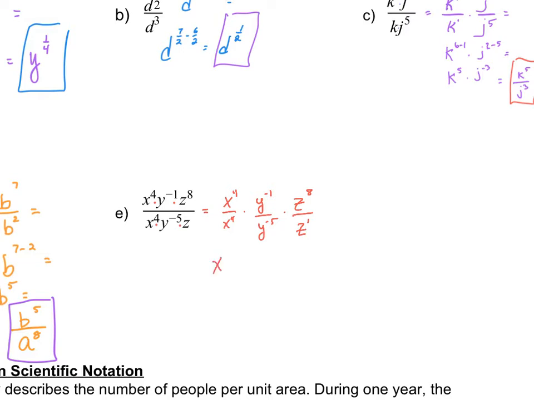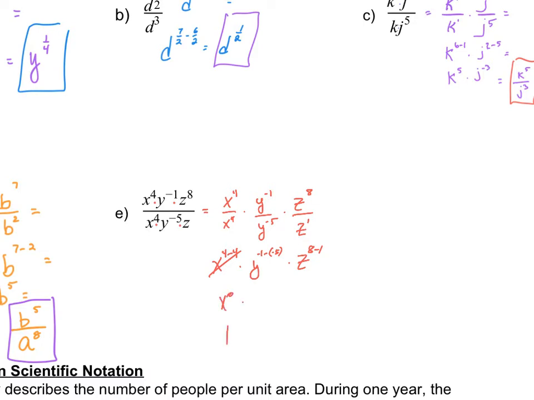So I know that I have x to the 4 minus 4 times y to the negative 1 minus a negative 5 times z to the 8th minus 1. And this becomes x to the 0, which is 1.